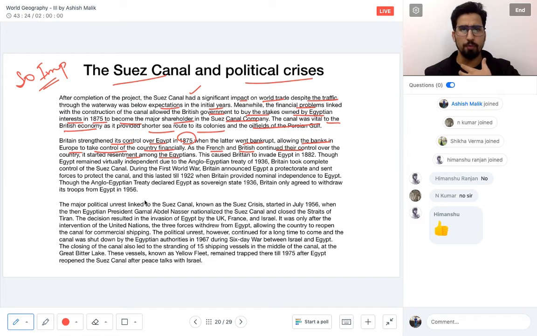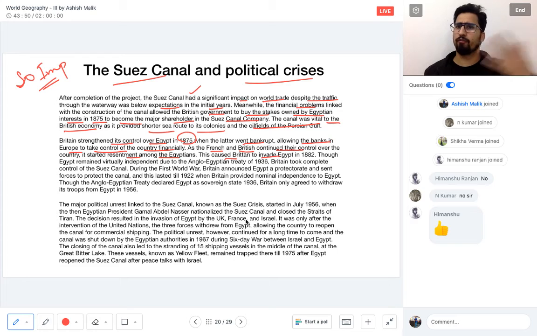Of course, no country's citizens want foreign powers to come and take control, right? So the people of Egypt showed their resentment and were protesting, and the UK actually had to invade Egypt to protect its interest.